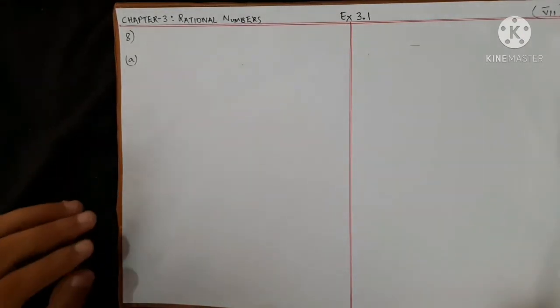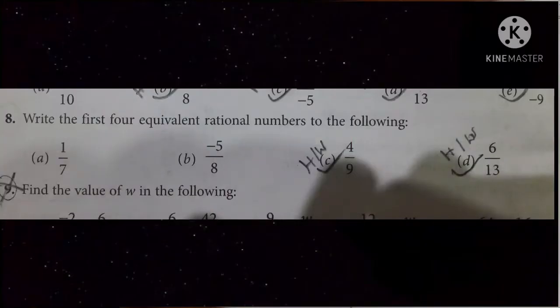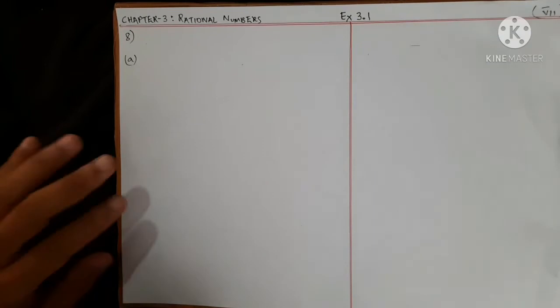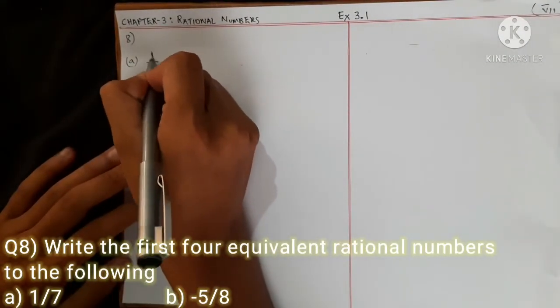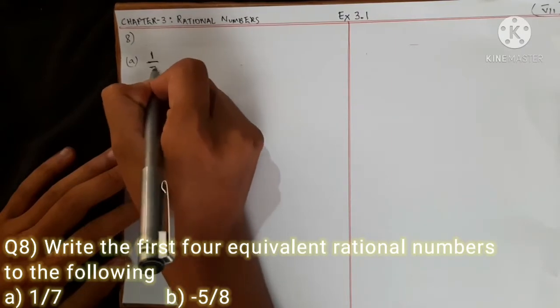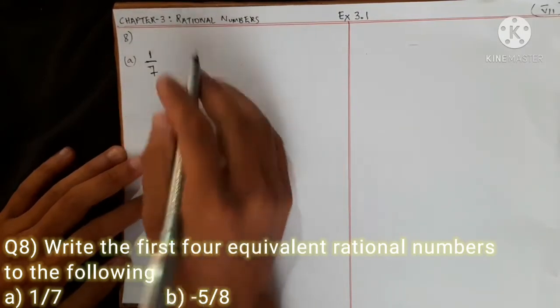Now let us do exercise 3.1, question number 8. Write the first four equivalent rational numbers to the following. Number A, 1 by 7. We have to write the equivalent rational numbers of 1 by 7.